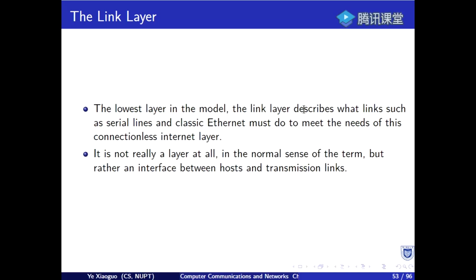It describes what links, such as serial lines and classic Ethernet, must do to meet the needs of this connectionless internet layer. It is not really a layer at all in the normal sense of the term, but rather an interface between hosts and transmission links.